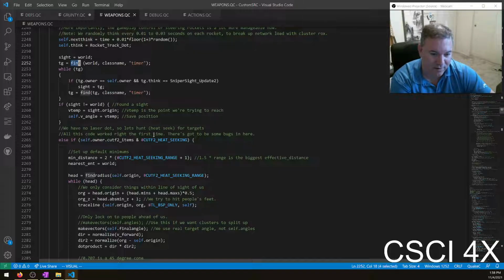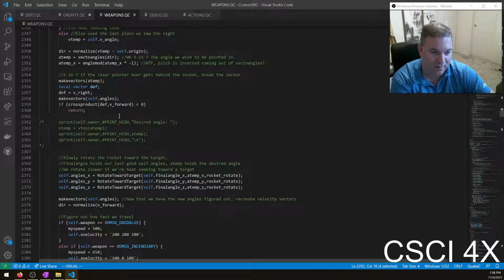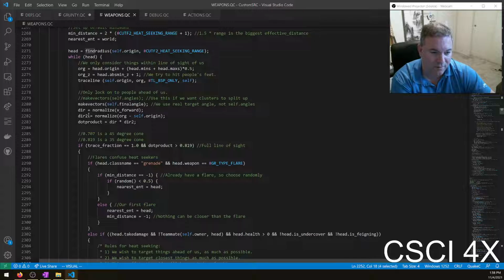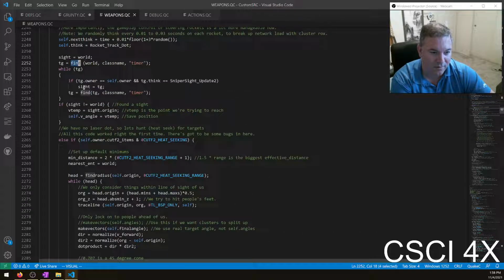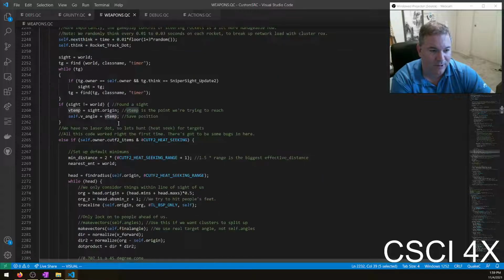So we have no laser dot. Site equals TG. Site not equals world. Say position. Okay, so basically if we find the laser dot, it writes down this vector, a vector temp.